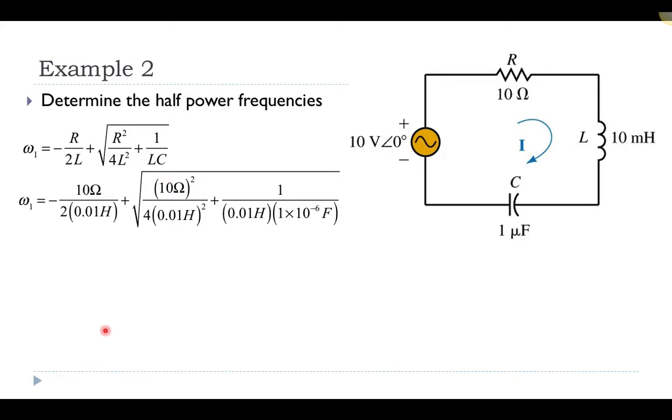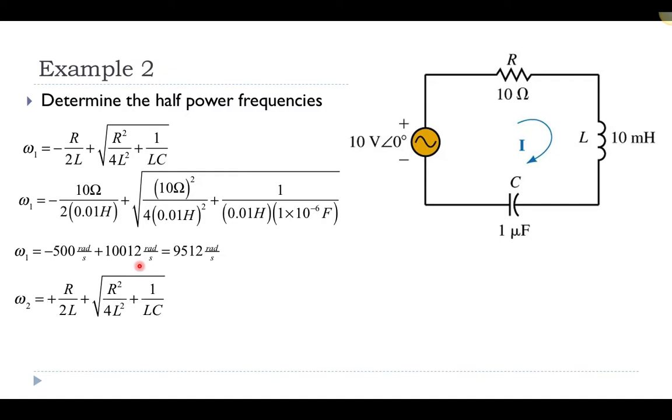So I can plug those values in, making sure that I use Henry, which is the appropriate unit, and that I also use farads instead of microfarads. And when I do that, I get minus 500 in the first part, plus basically 10,000. And so my lower half-power frequency is 9,512 rads per second.